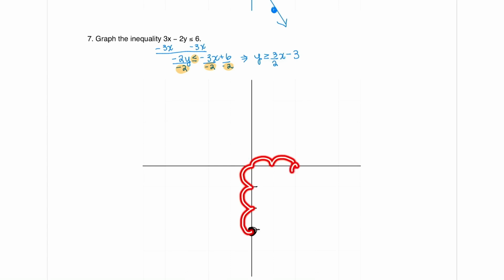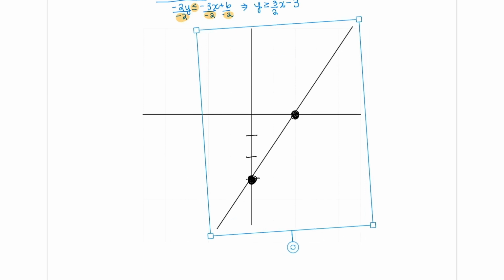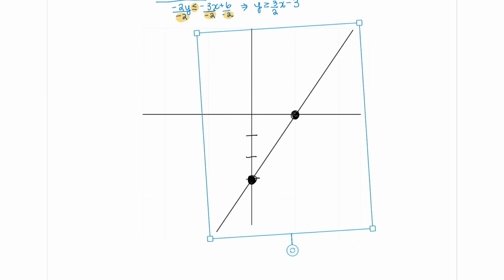So this is where we're going to plot our second point. Now we have to focus on this inequality symbol. Since it is greater than or equal to, our line is going to be solid. I'm going to adjust this a little bit.